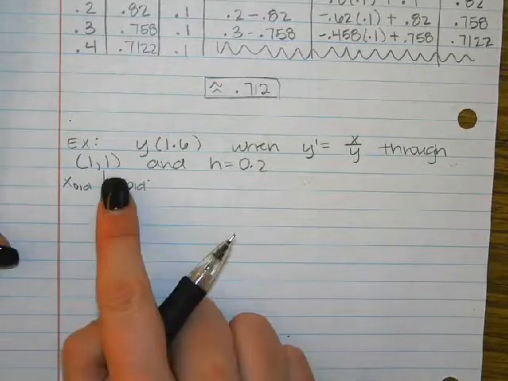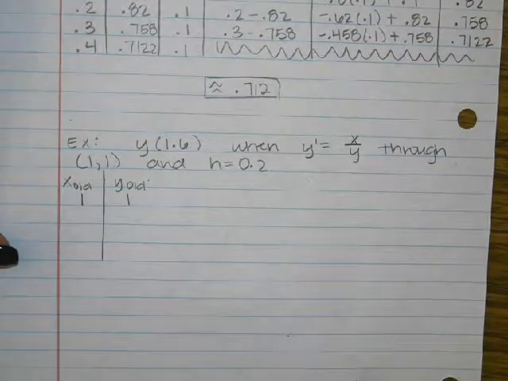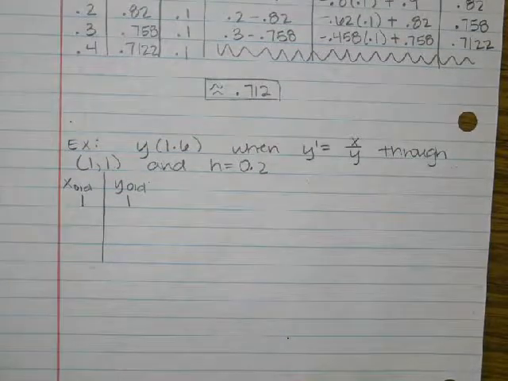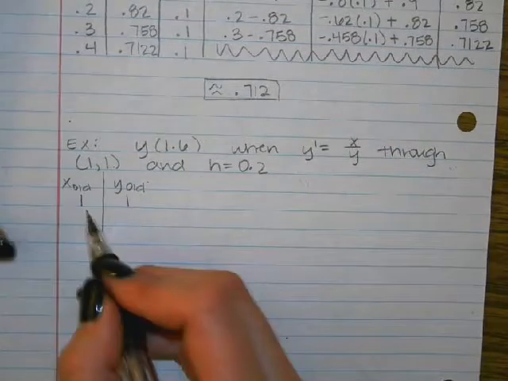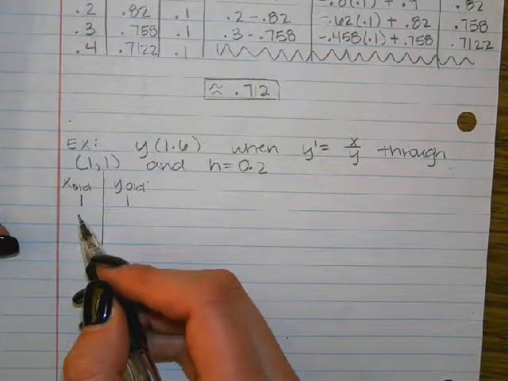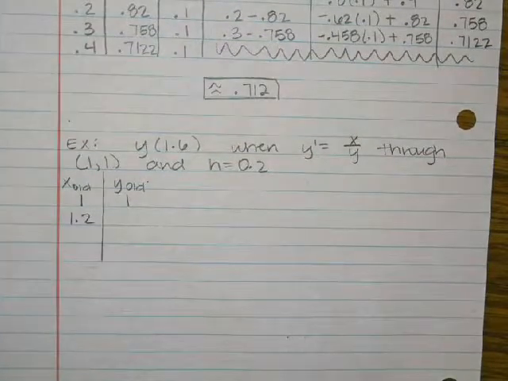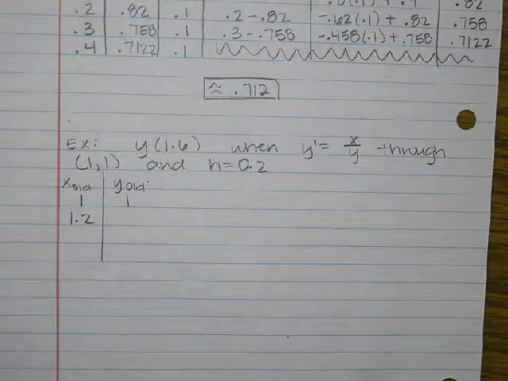So I'm going to start off my chart the same way. I've got x old and y old. Does anyone know what my next x value would be? 1.2, yep. And then how far do we need to go with those x's? Can you tell? The notation is kind of weird.